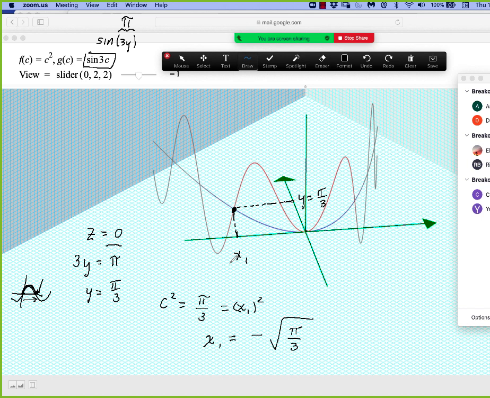So x1 is negative. How is it that this acts like it's in positive territory over here? Because now we're in the XY plane and not doing the R cubed plane.